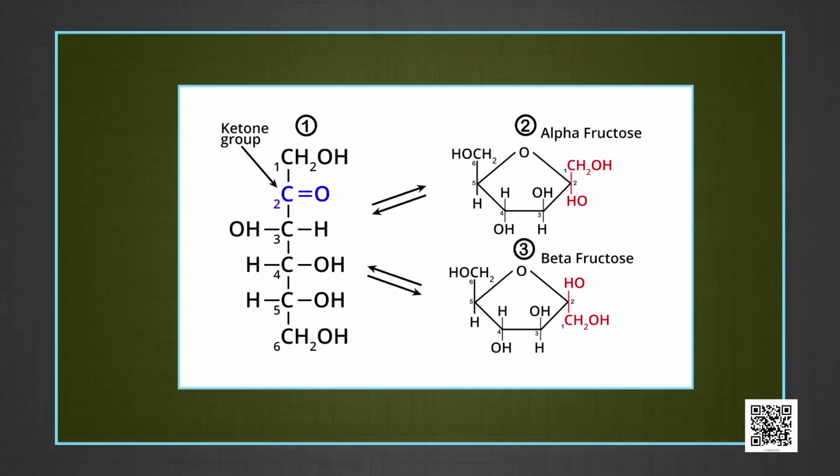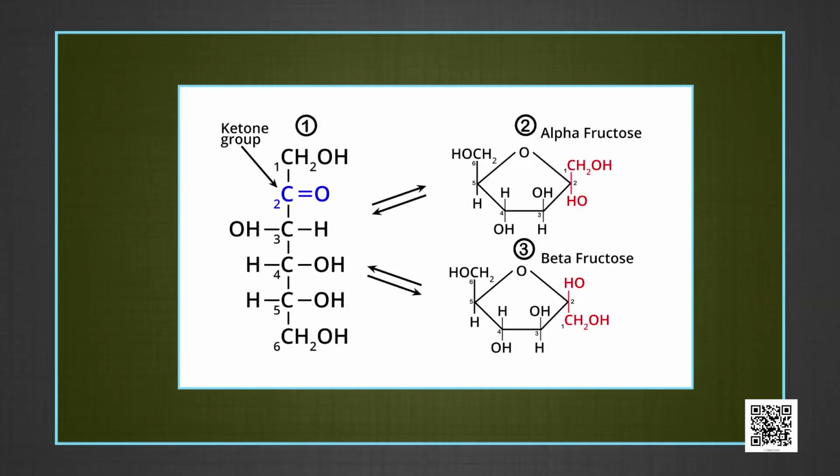You can say in this diagram, the carbon which is at the second position carries a ketone group, that is C double bond O. In the ring form, this ring is known as furan ring, furan for fructose, and it is a member of 6 carbon atoms but carries a ketonic group. The ketone group is represented by the O on the upper side. Further, the fructose is divided into two groups, alpha and beta.